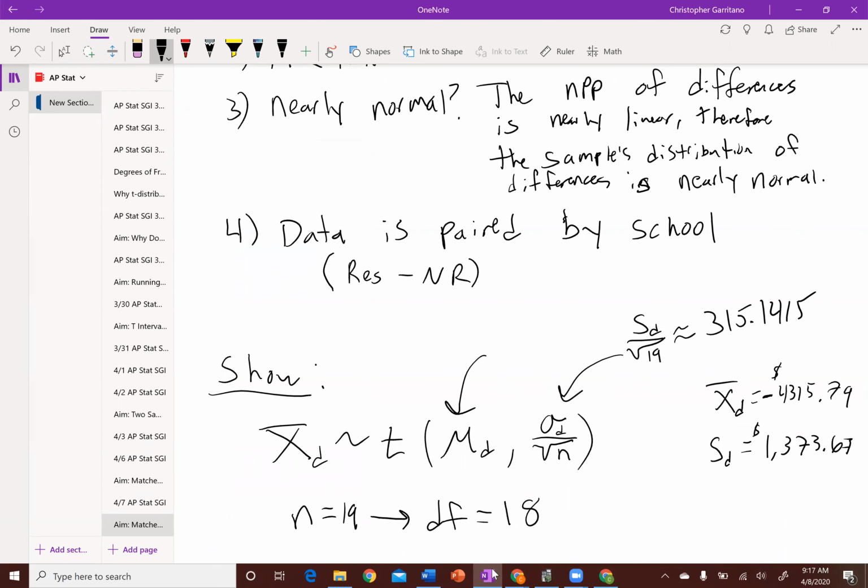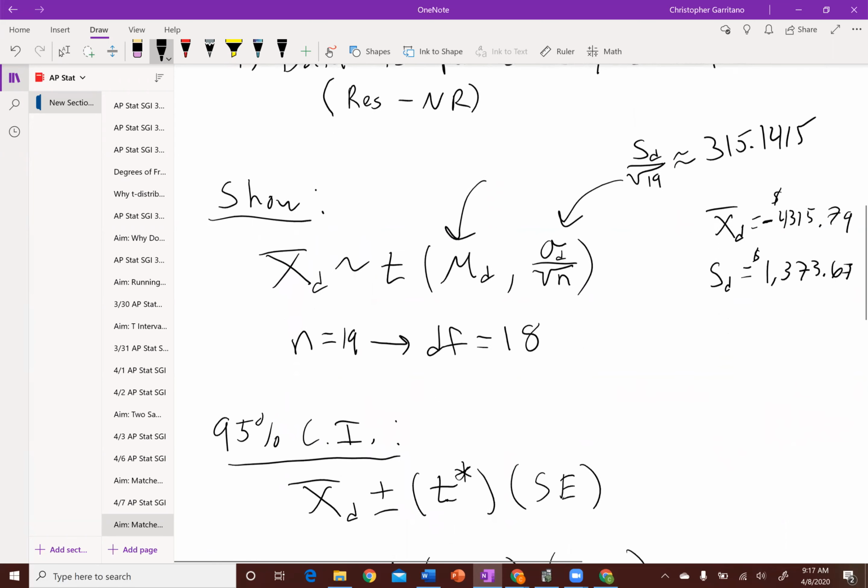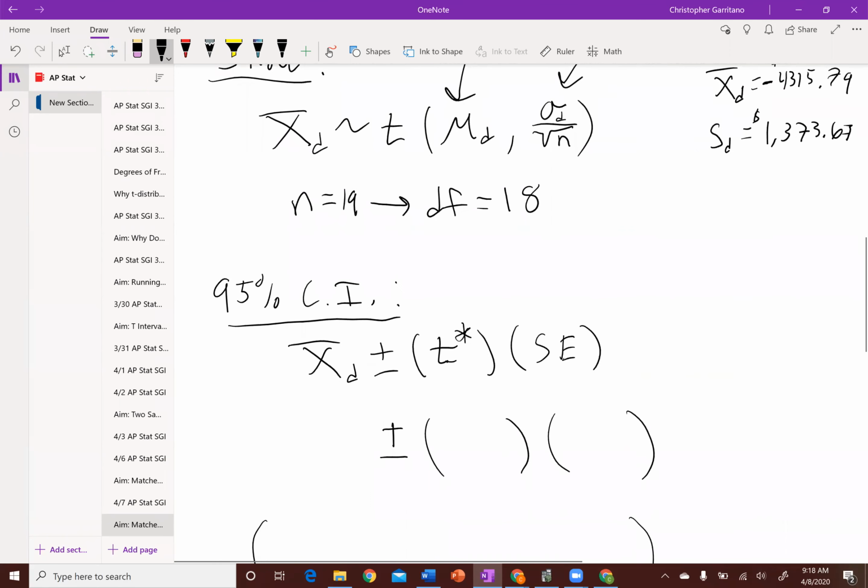Now to build the confidence interval, remember the confidence interval is always take your sample mean or your sample statistic, whatever you're interested in, in this case it's the mean, and add and subtract the margin of error. So in this case, our x bar d is negative 4,315.79 plus or minus t star.